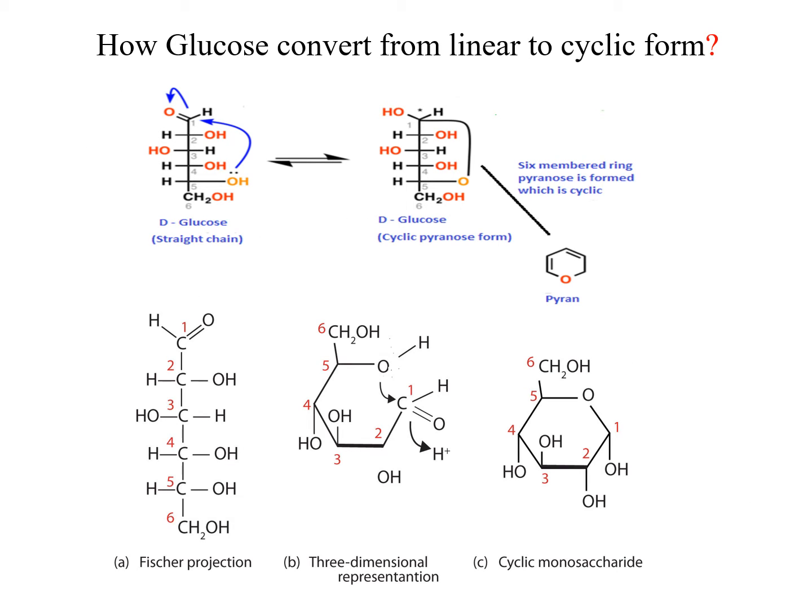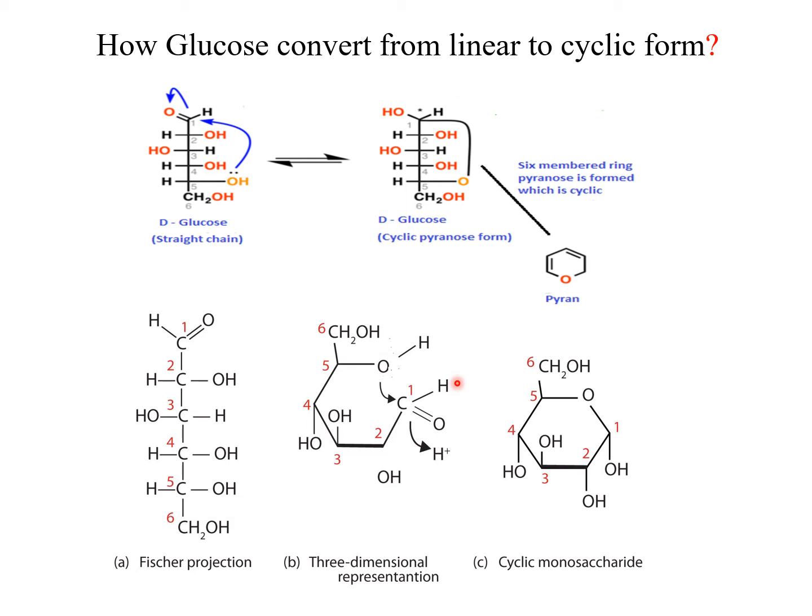Now I plan to explain how this cyclization takes place. If the moiety is tilted a little bit, it will appear somewhat like this. Here this OH group donates its hydrogen to carbon number 1. As a result, a bond is formed, giving a cyclic monosaccharide, 6-membered.